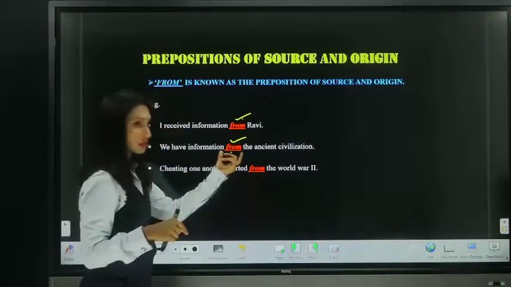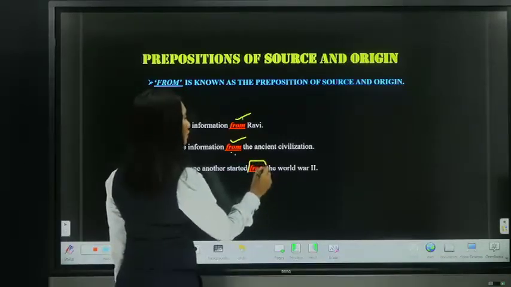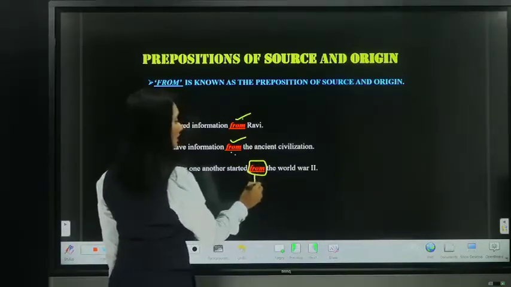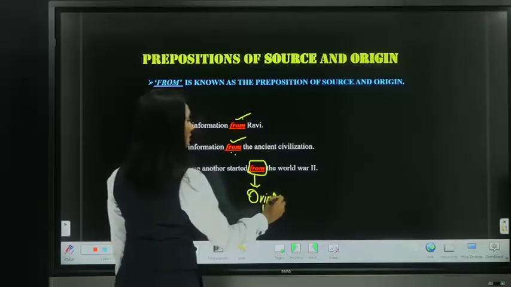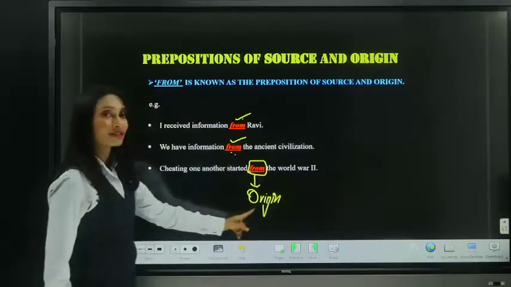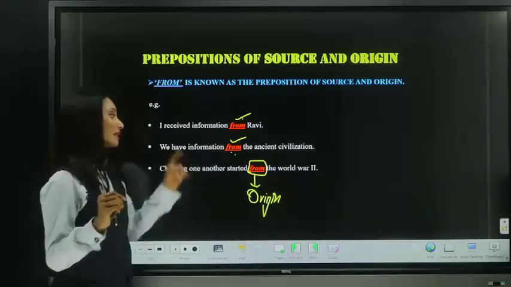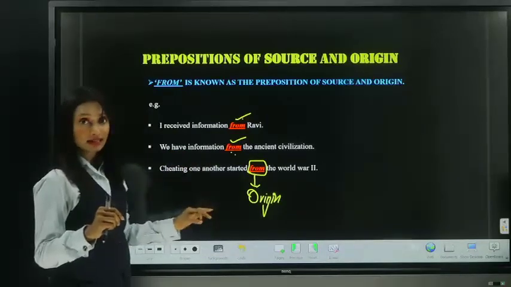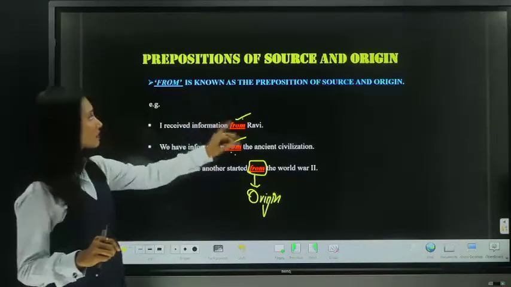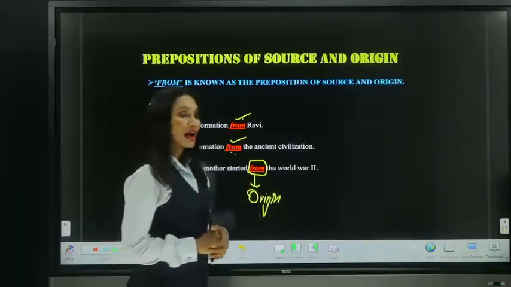It is a source, not origin. Cheating one another started from World War II. This is origin. So the same preposition from is used to indicate source as well as origin. Source is availability of something in abundance. Origin is where something starts. So that's the difference between source and origin, and from is the preposition used for both.